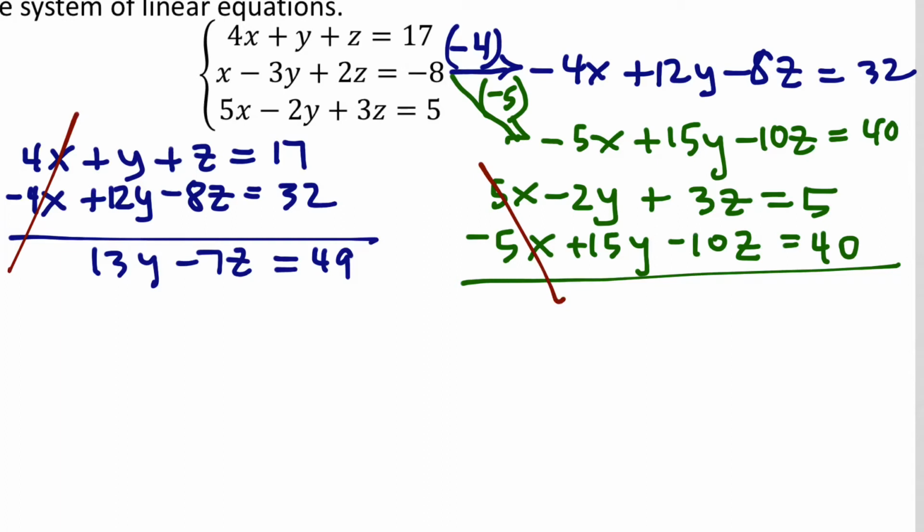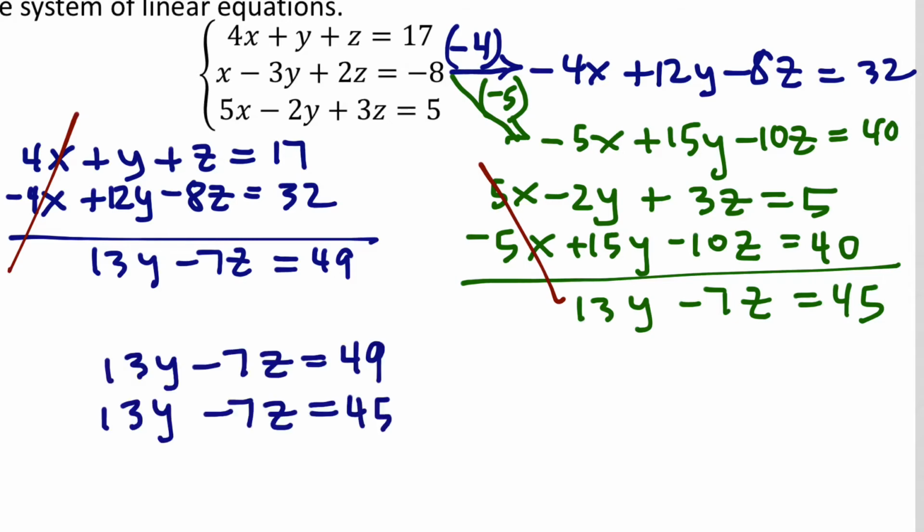So I'll be left with a y and a z term in these two equations. So here I'll get 13y minus 7z is equal to 45. All right, so now I'm left with these two equations with two unknowns, and I can solve those two equations simultaneously.